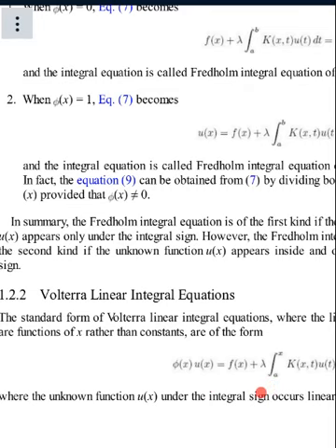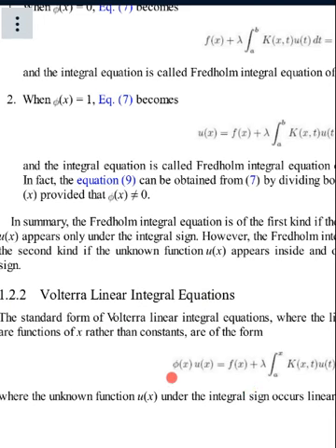The examples or general form that you can see in this book are special cases actually, but in general you can have the functions alpha and beta, which both are functions of the independent variable x, or you can have the lower bound as a fixed number and the upper bound as a variable function, or the lower bound as a variable function and the upper bound a fixed number. In all of these cases, we call them Volterra integral equations.